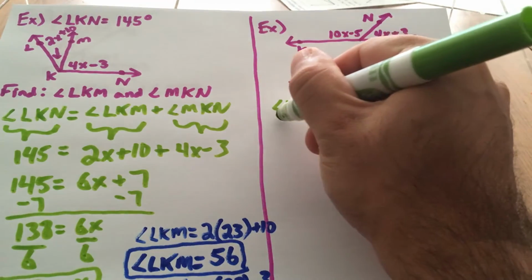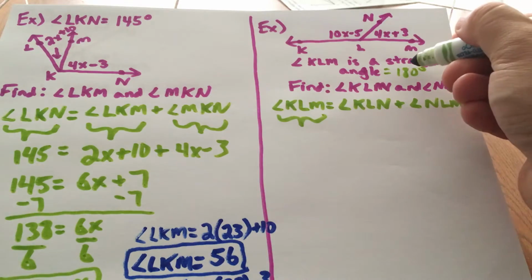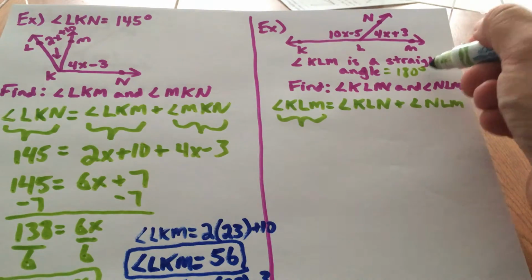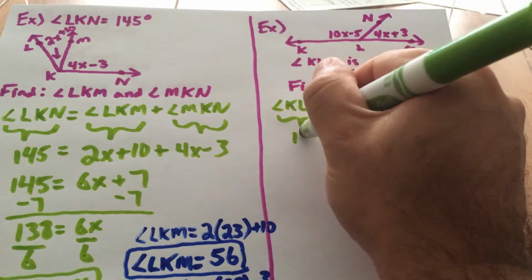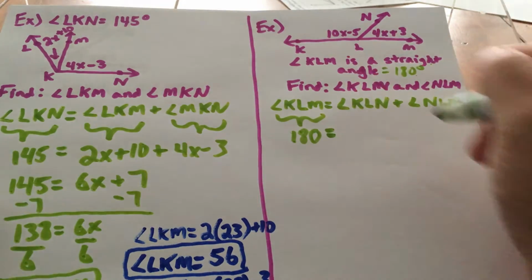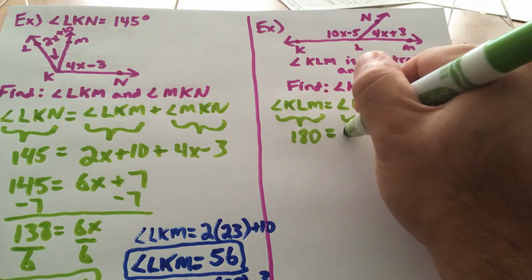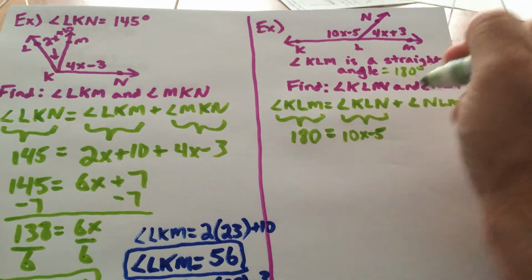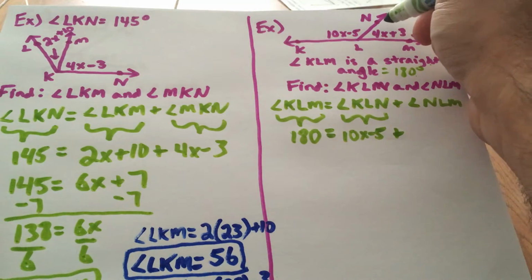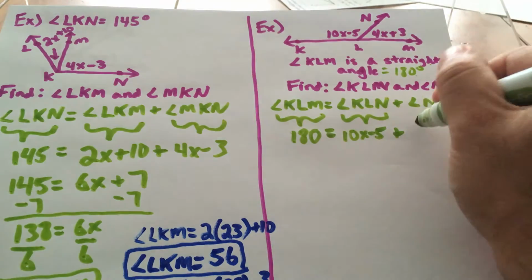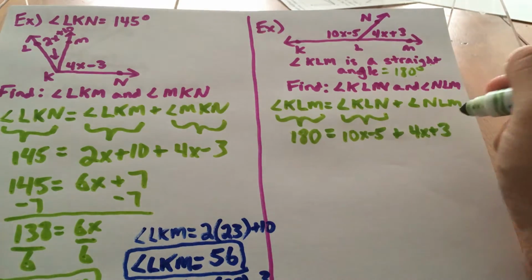And just like before, we can substitute for KLM. They didn't explicitly say it was equal to 180, but by definition, a straight angle is 180. So we'll plug that in. And then KLN, they give us in the problem, is 10x minus 5. And then NLM is 4x plus 3.